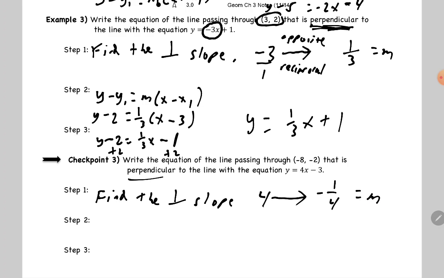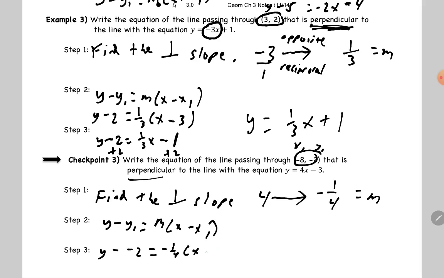And then we're going to use y minus y1 equals m times the quantity x minus x1. Here's my point, x1, y1. So I have y minus -2 equals m, which is -1/4, times x minus -8.